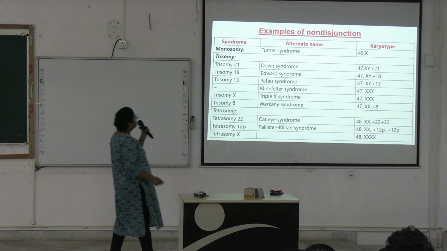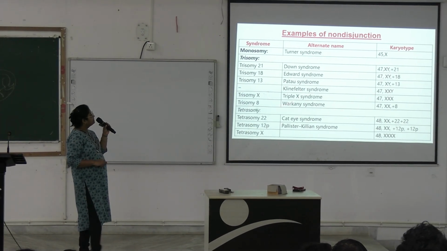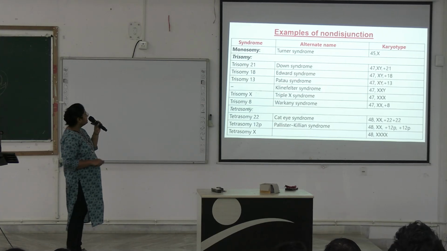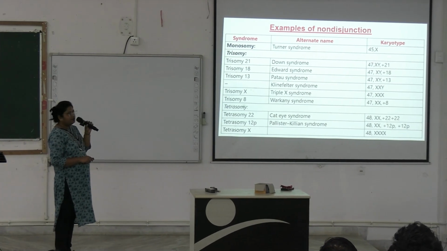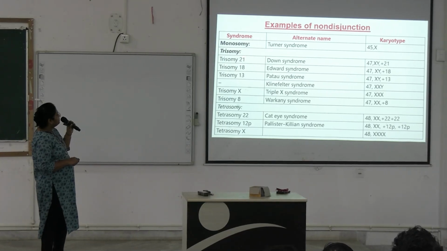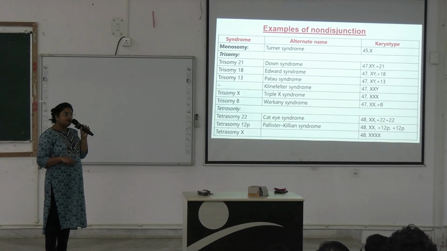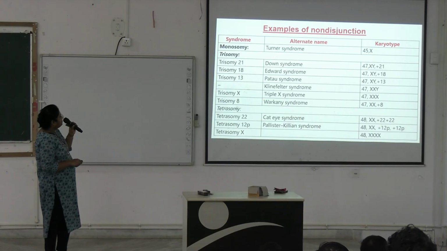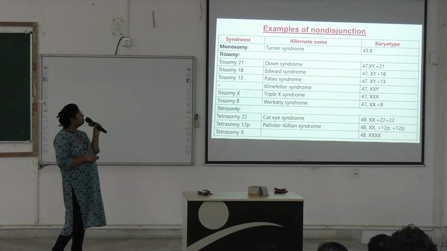Next. So these are the examples of different non-disjunctions. Important syndromes are there. Monosomy occurs in Turner syndrome, karyotype 45X. All of these you remember, all these are important syndromes. Trisomy 21, Down syndrome, 47XY plus 21.